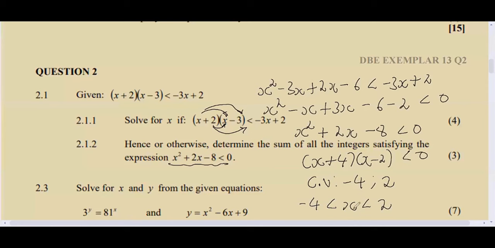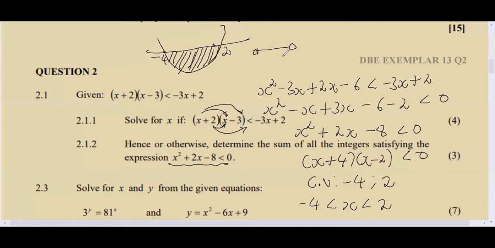So the values that will satisfy this inequality are values that are within negative 4 and 2. Graphically, this is how we would represent that. We put the negative 4 here, put the 2 here, and then shade this part here to indicate that the values that will satisfy this inequality are the values that are within the critical values, whereby the critical values are not included.